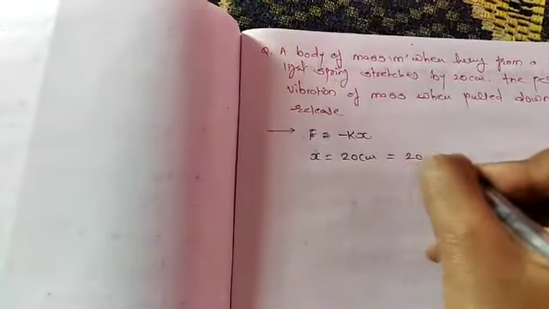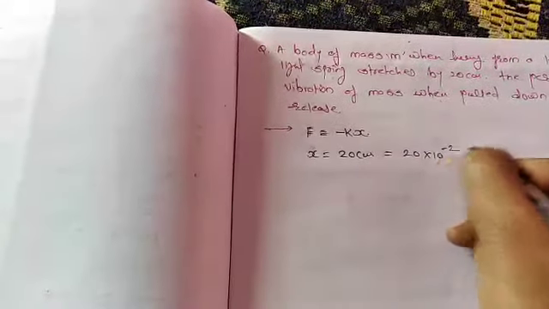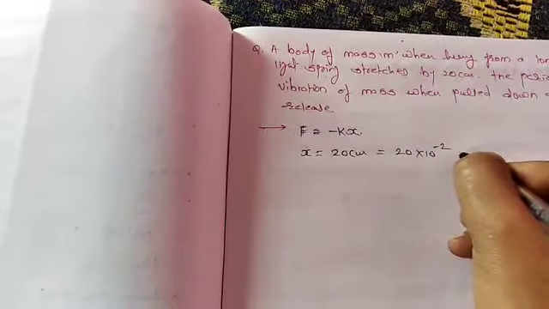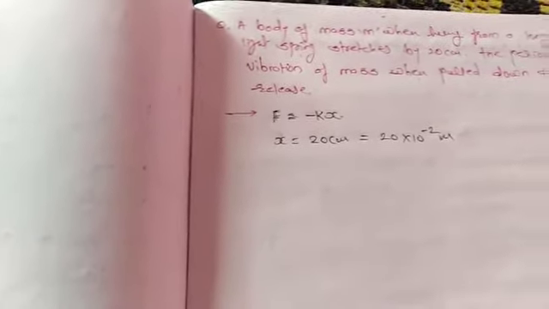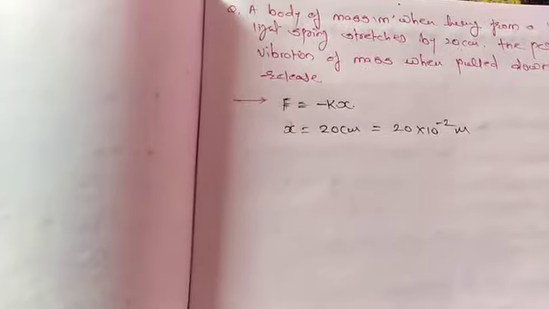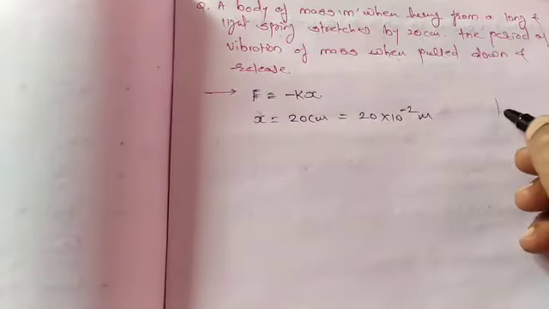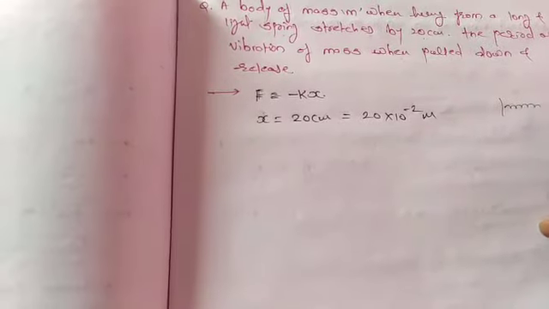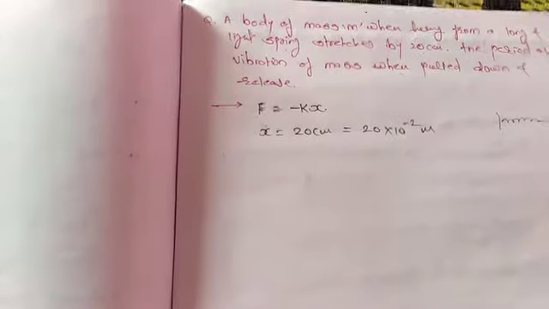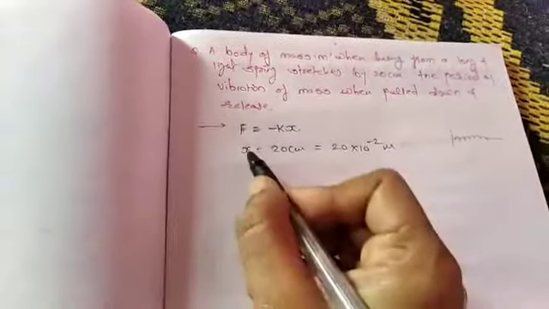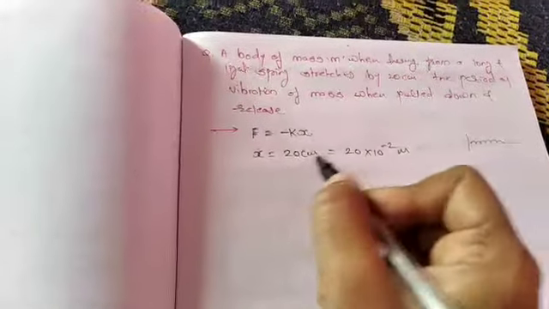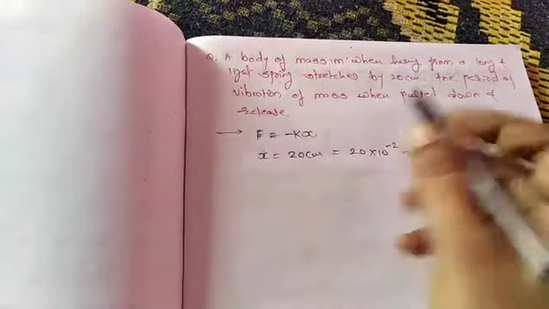So it will be in meters, that is 20 into 10 to the power minus 2 meters. You remember the example of the spring, where the spring is tied to the rigid support and it is stretched.